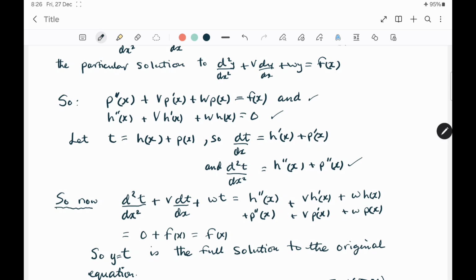And then similarly, down here for the p, the second differential of p with respect to x, plus v times the first differential of p with respect to x, plus w times p(x).